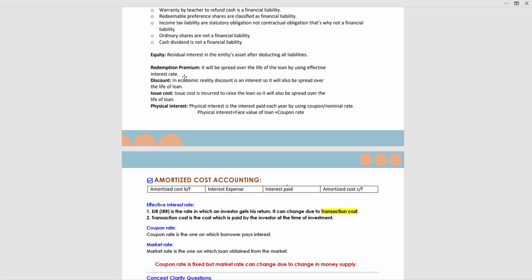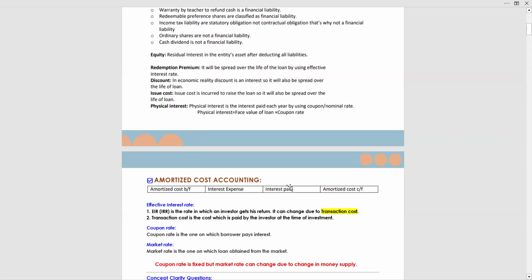You have to remember that the coupon rate always applies on the face value. Don't get confused between the fair value and the face value. Coupon rate always applies on the face value. Fixed interest is the contractual obligation on the borrower to pay. Now, we use amortized cost accounting, an amortization schedule: opening balance plus interest expense minus cash.